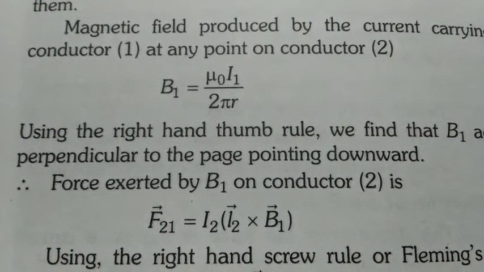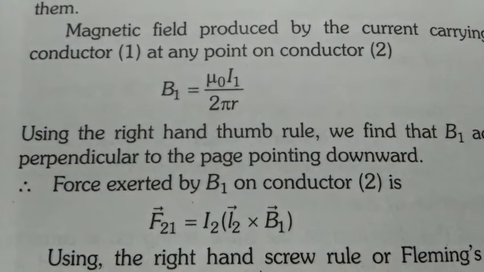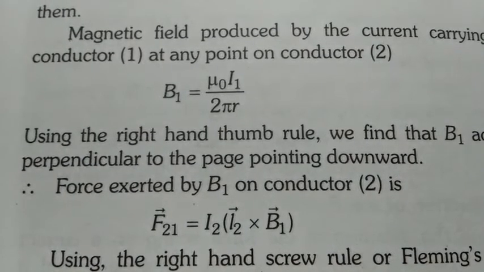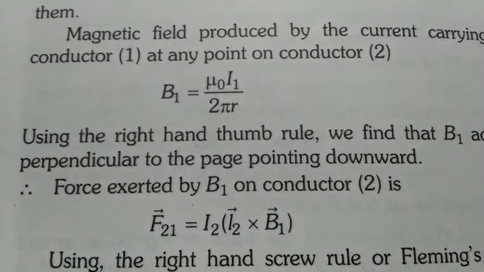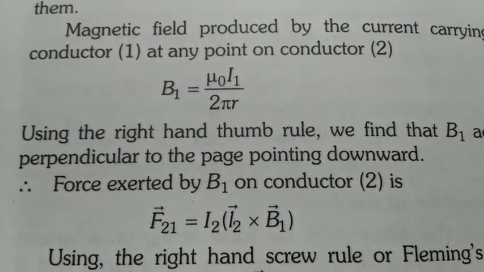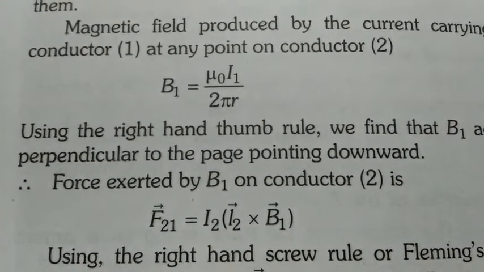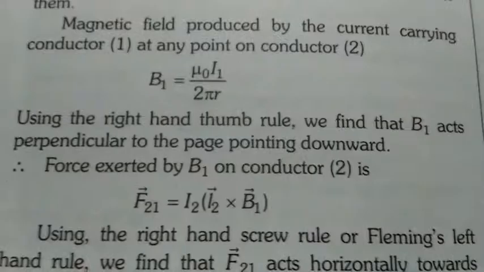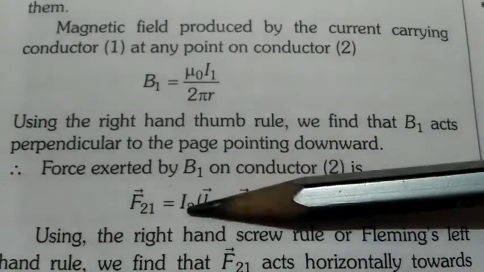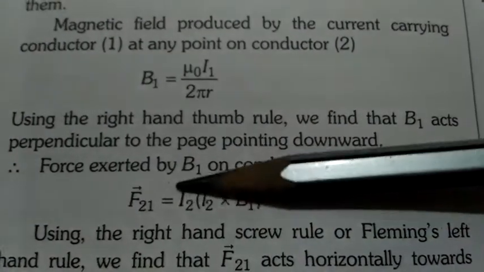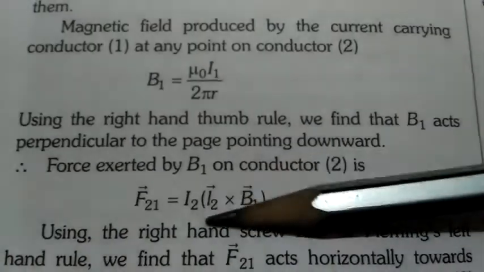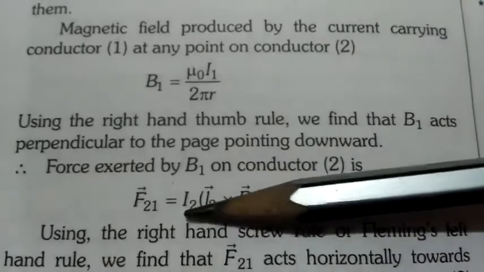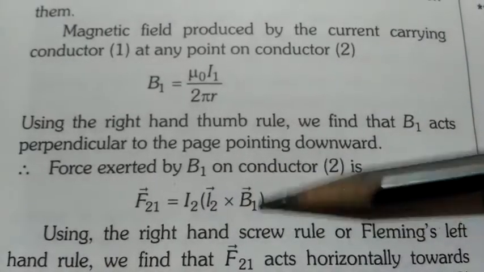The magnetic Lorentz force F21, the force exerted on the second conductor because of field B1, will be I2 L2 into B1. Why have we taken I2? Because the force is applied on this current, on this length. So that's why we take I2 L2 into B1.